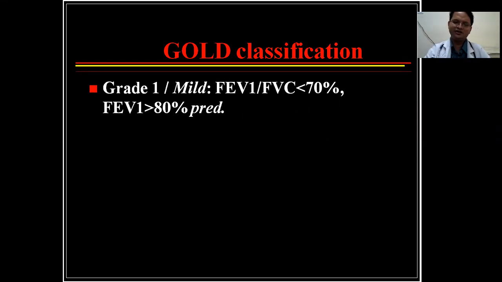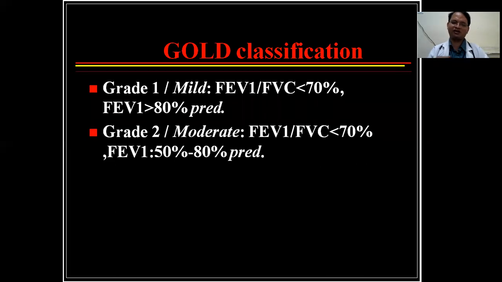This is mild. Moderate or grade 2 COPD again has a ratio less than 70, but the FEV1 should be between 50 to 80% of the predicted.